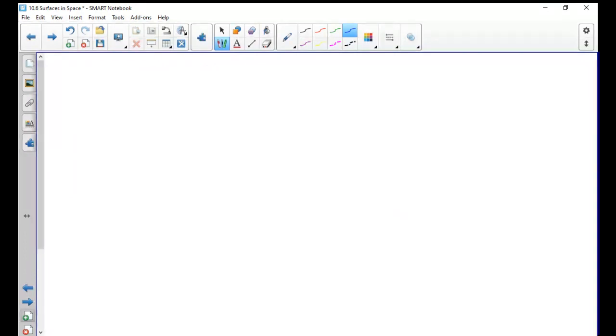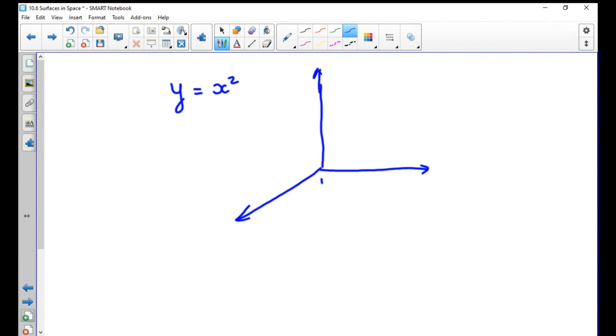In the same way, if I want to graph y equal x squared, in the plane xy, what shape is it? It's a parabola, yeah? It's a parabola in the plane x, y, like this. Y equal x squared is this parabola.